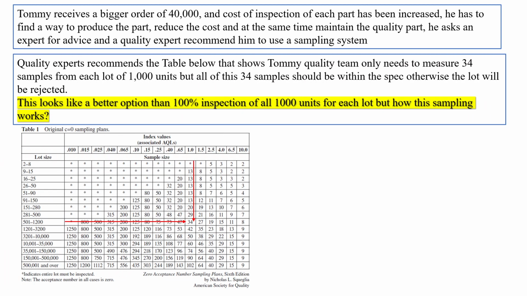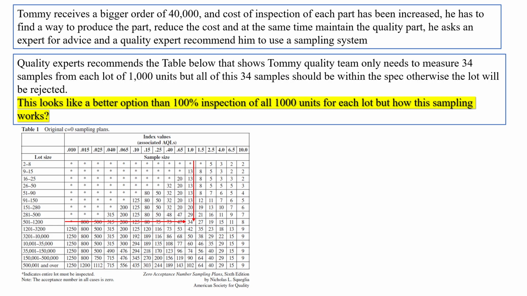So when we look at this table, the AQL sampling system, for a lot size of 1,000 pieces and an AQL of 1, the quality expert recommended using 34 samples, provided that all these 34 samples pass the specification.